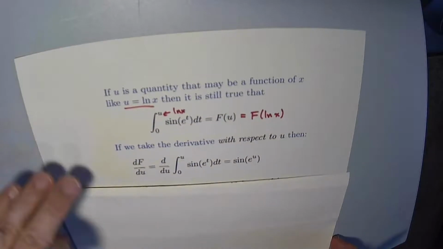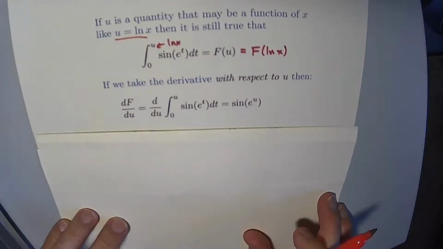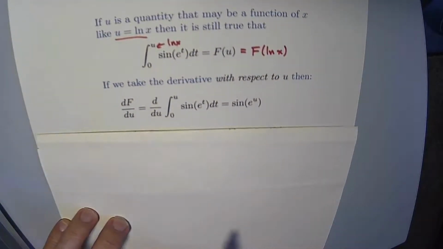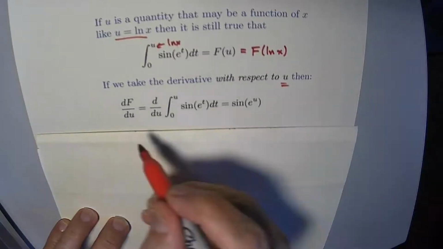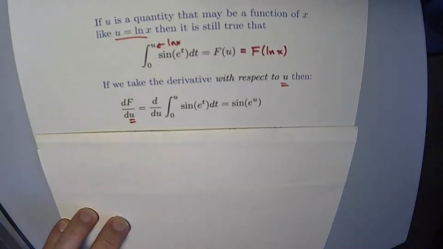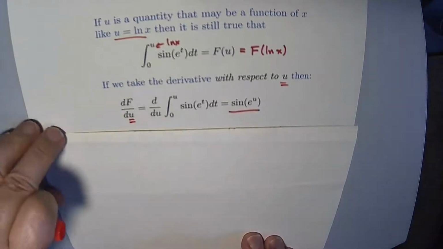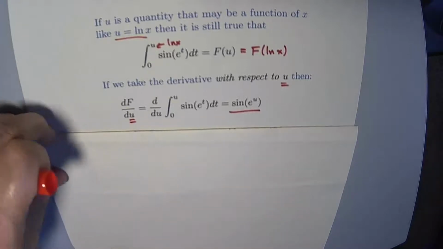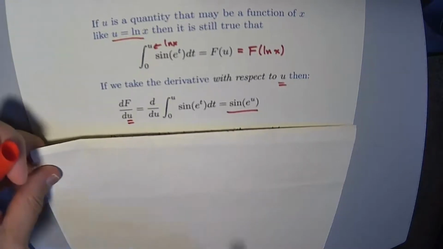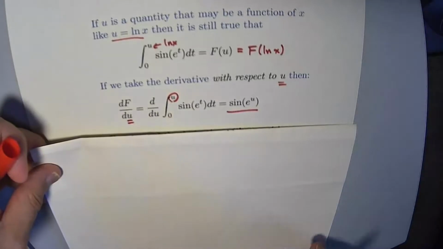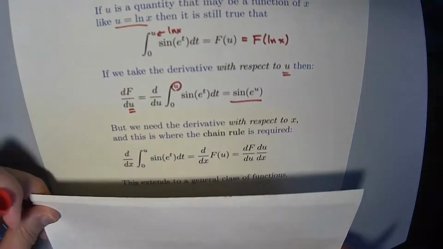If I take the derivative with respect to u, then just like we had before with x, we also have again with u. The derivative releases the function inside the integral and plugs in the upper limit of integration.